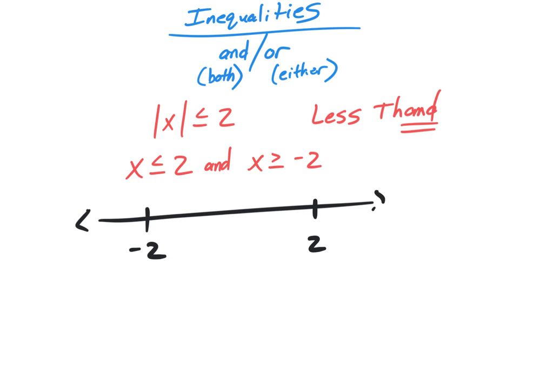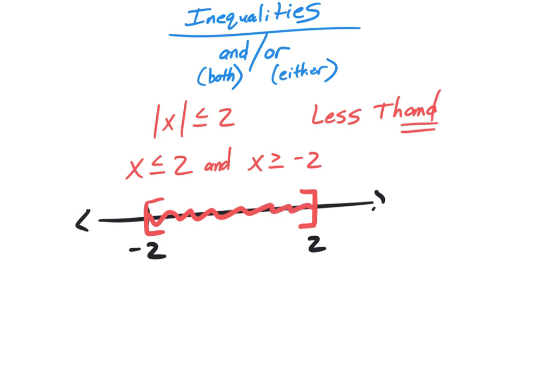Positive numbers are further to the right. At -2, it's greater than or equal to. So here we got to remember our symbols again. This is going to be a bracket opening to the right. Less than or equal to +2 would be a bracket opening to the left.